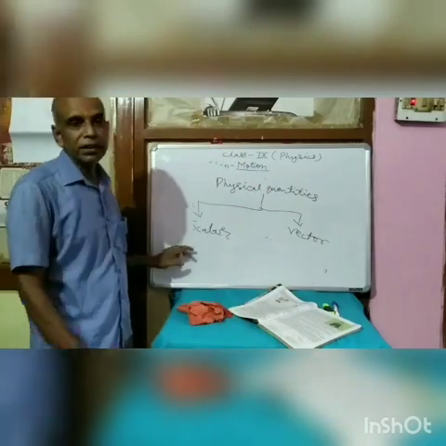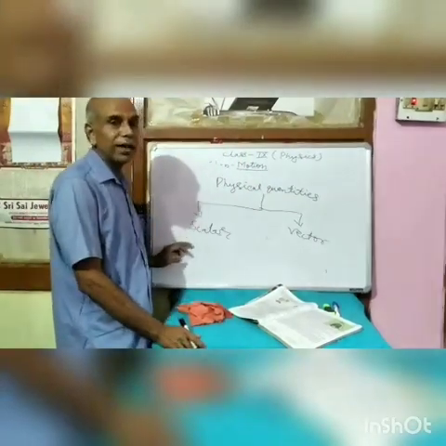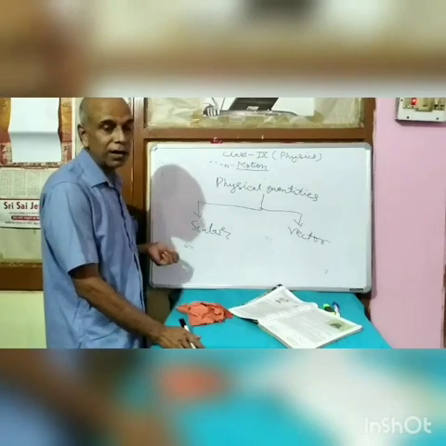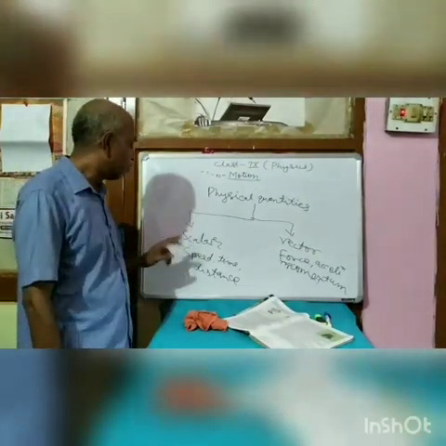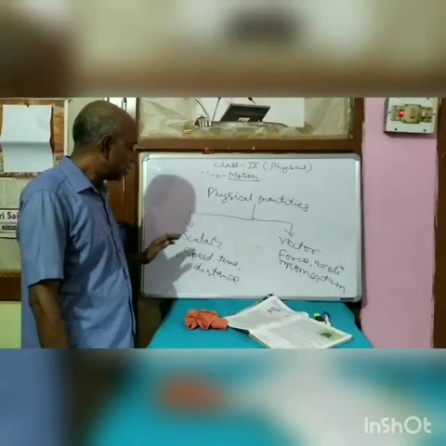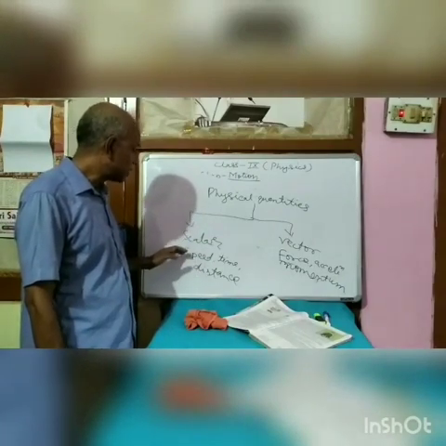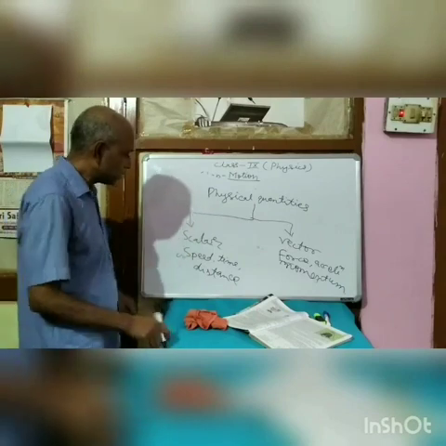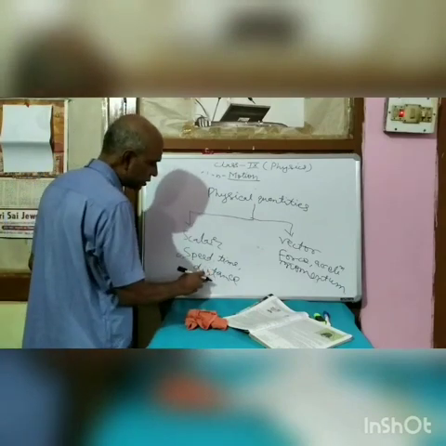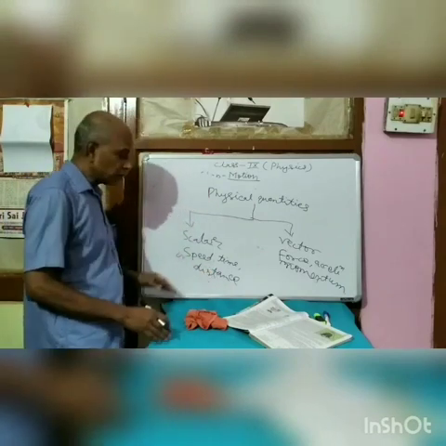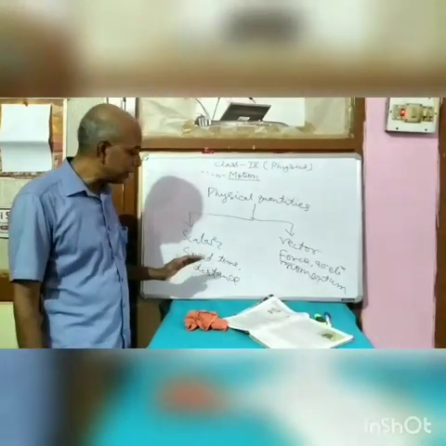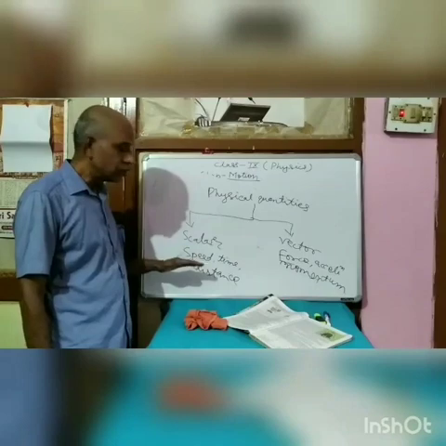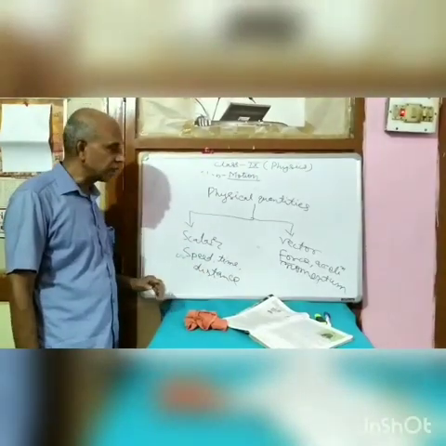Those physical quantities which have only magnitude are called scalar. Examples: speed, time, distance is a scalar quantity because speed, time and distance have only magnitude. So these are scalar quantities.